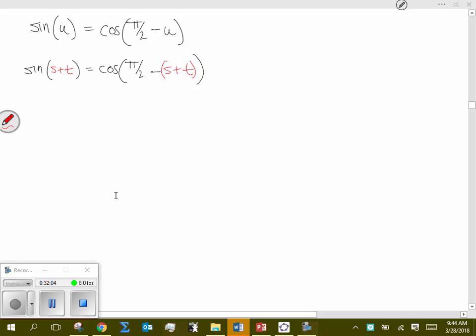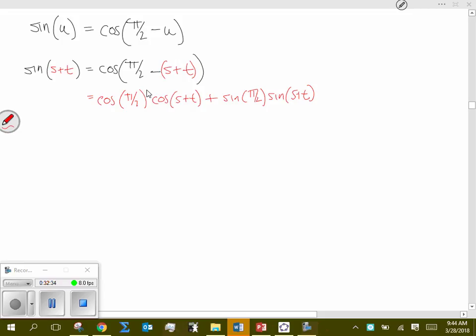Okay. Now don't write down what I'm about to write, because it doesn't gain you anything. But if I just left it this way, this is going to be cosine of pi over 2 times cosine of s plus t, plus sine of pi over 2 times sine of s plus t. And going through here, we know cosine of pi over 2 is 0.